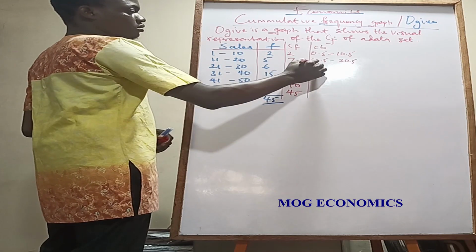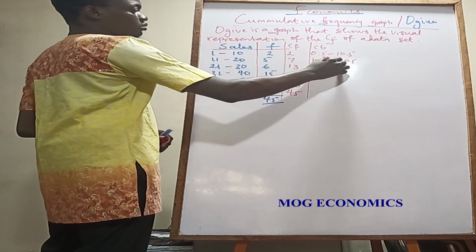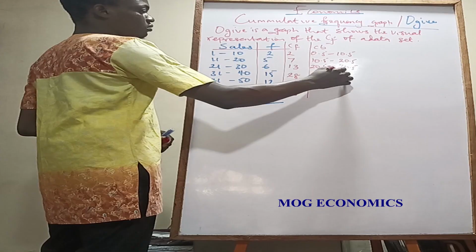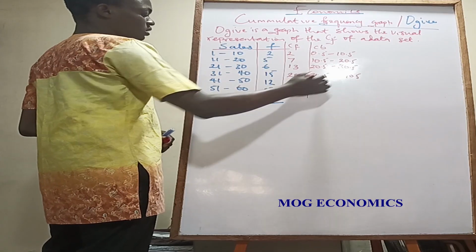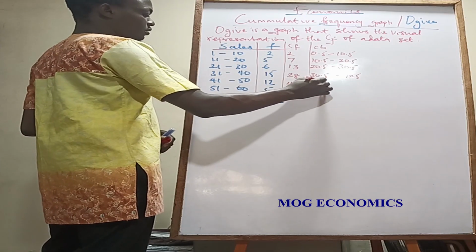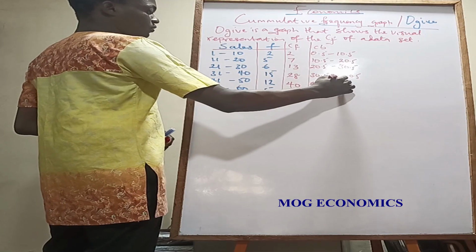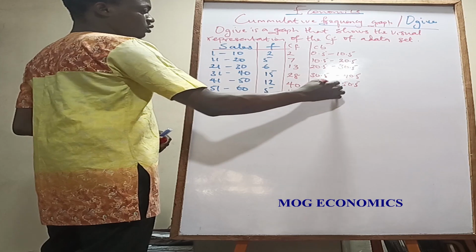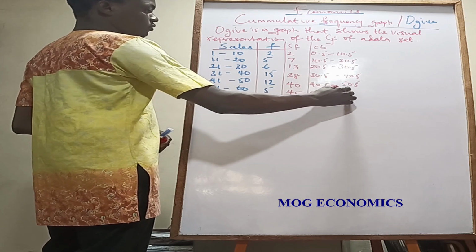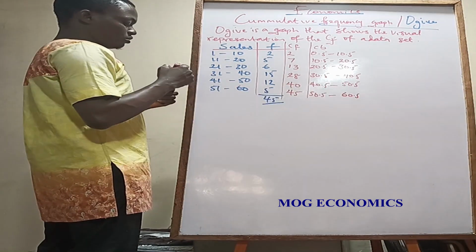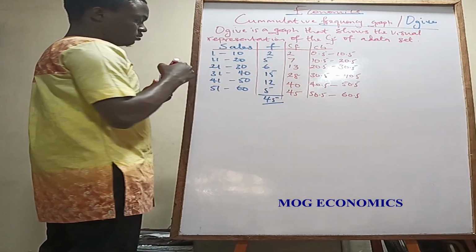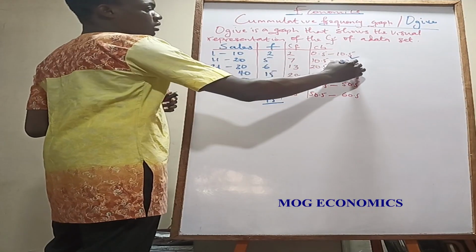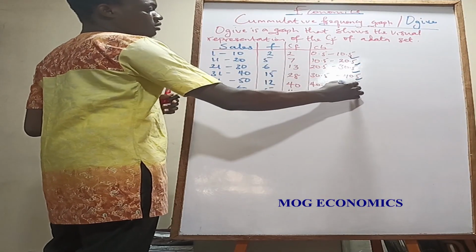So we are literally sketching CF against the upper class boundaries.